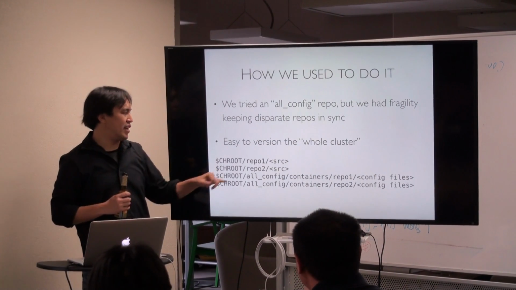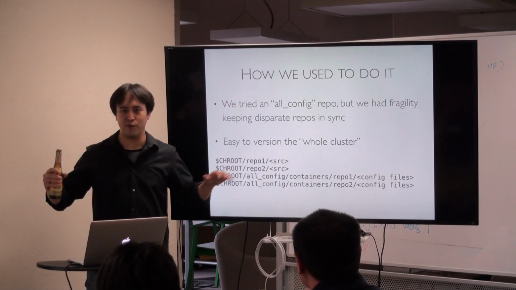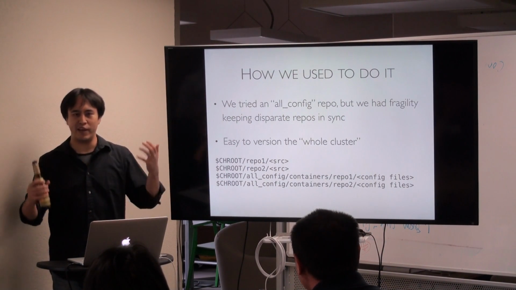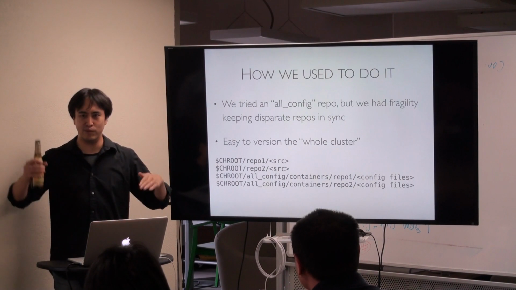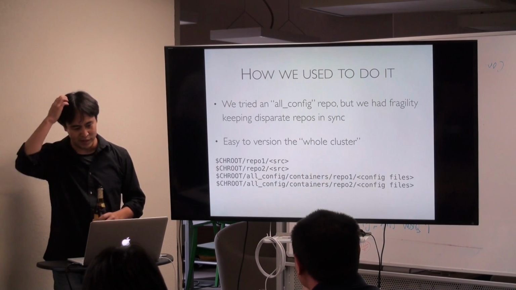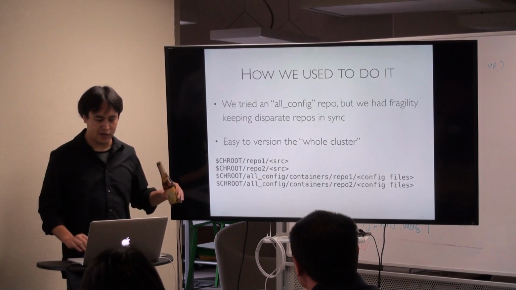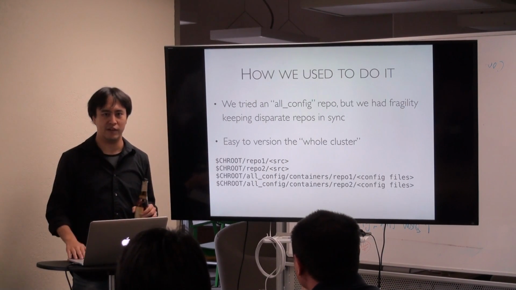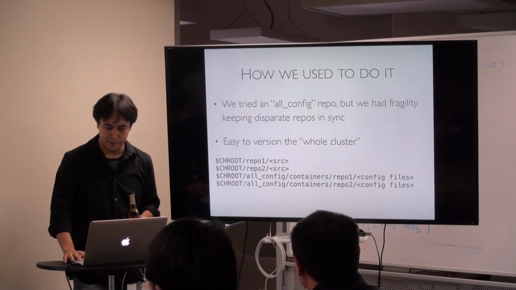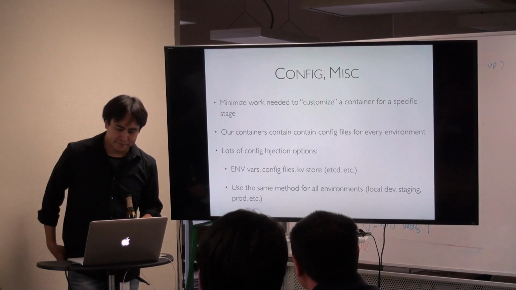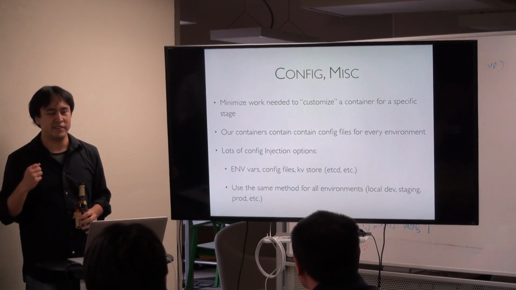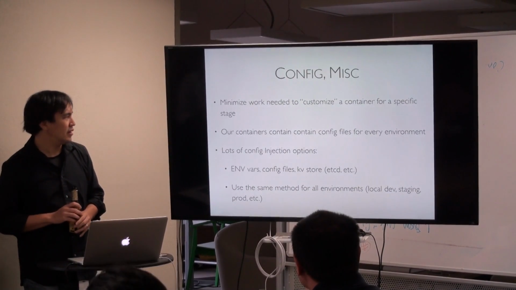But there were a lot of disadvantages because all of a sudden your source and your config are divorced, and especially if you're updating what kind of config you expect, you have to keep two repos in sync, and that becomes a bit of a nightmare. So we went back to keeping the config co-located with the source and then separated out for whatever that's worth.